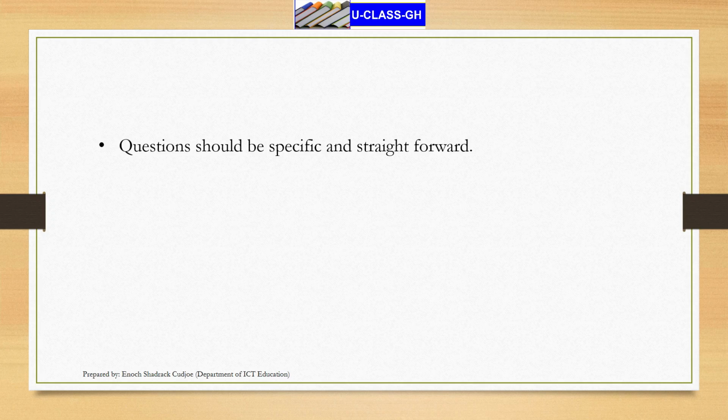So you have to keep the questions specific and straightforward. When the question is specific and straightforward, they will know that they can answer it without worrying about crossing any boundaries whatsoever.